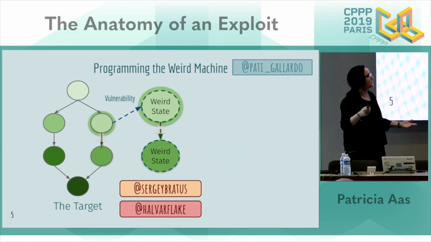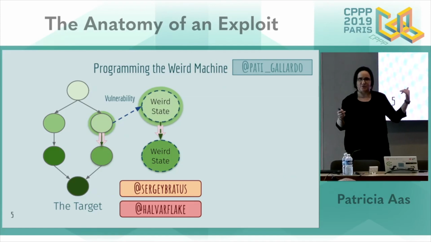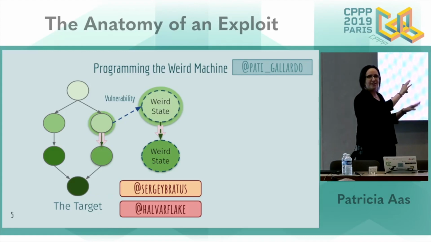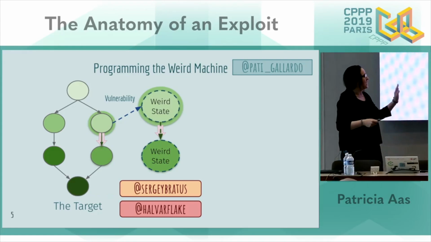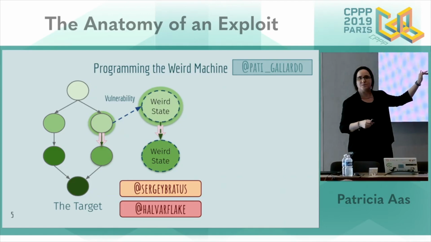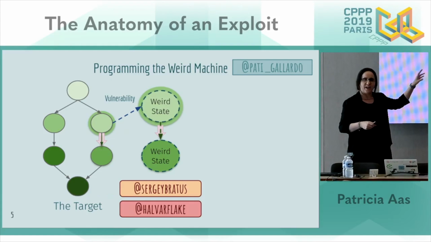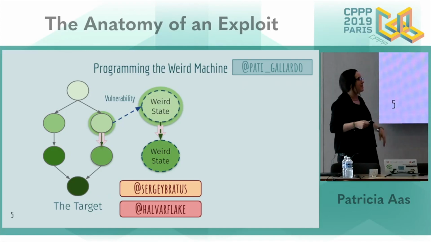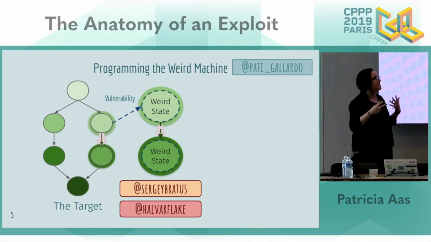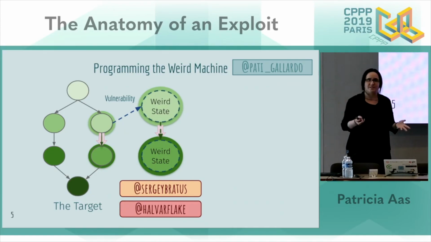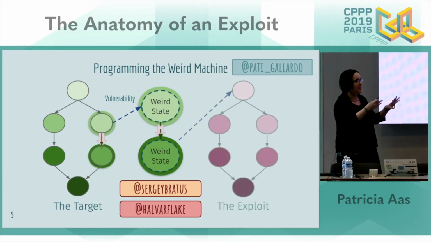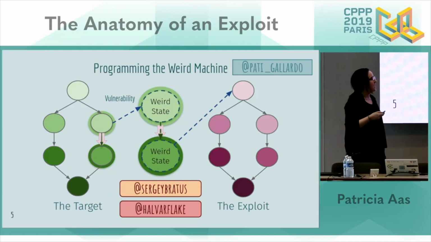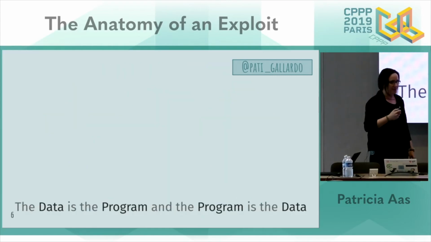But what you see is that the transitions in the normal code from a sane state to another sane state will trigger transitions in the weird machine as well, to other weird states. So for example, somebody uses this pointer, so now you have a use after free, and this causes you to be in another weird state. So we're going to get back to this, but the idea is that at some point maybe you can control this weird machine enough to be able to execute your own code in there, to do what you want to do. So we'll get back to this model a little bit later.